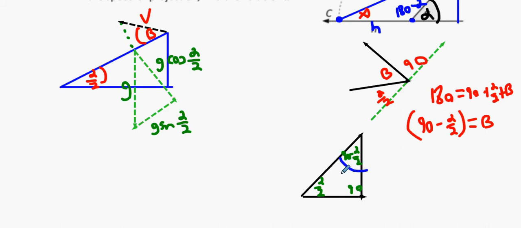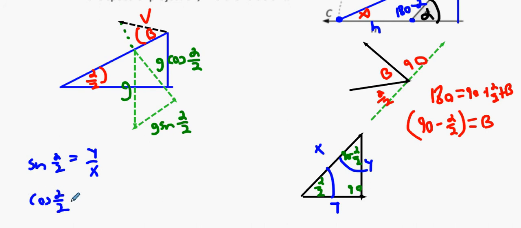You can interchange it and give these random letters like x, y, and t. I won't use z because it looks too much like the other letters. So sine alpha over 2 is y over x. No bother. Cos alpha over 2 is t over x.